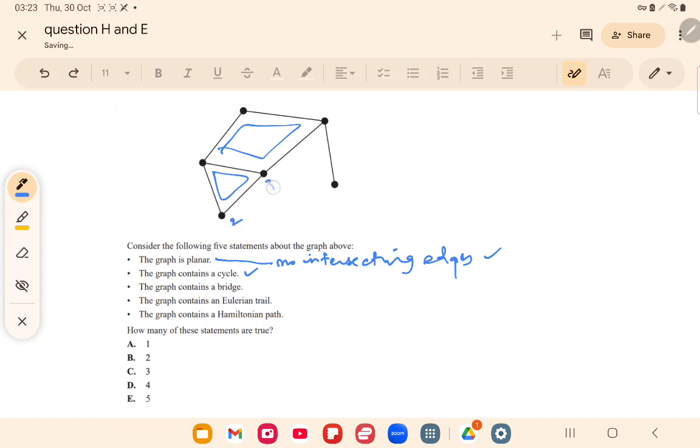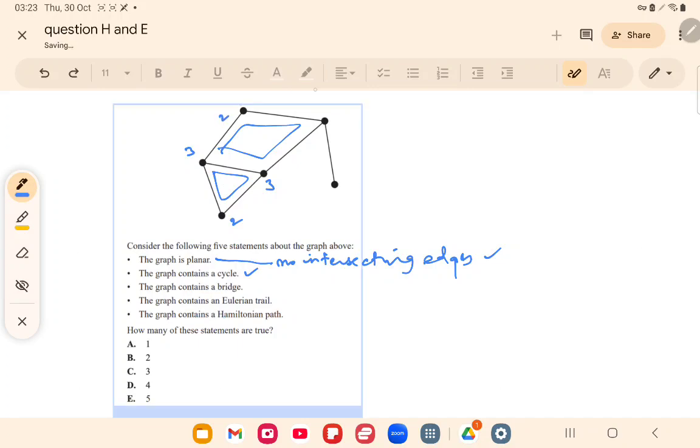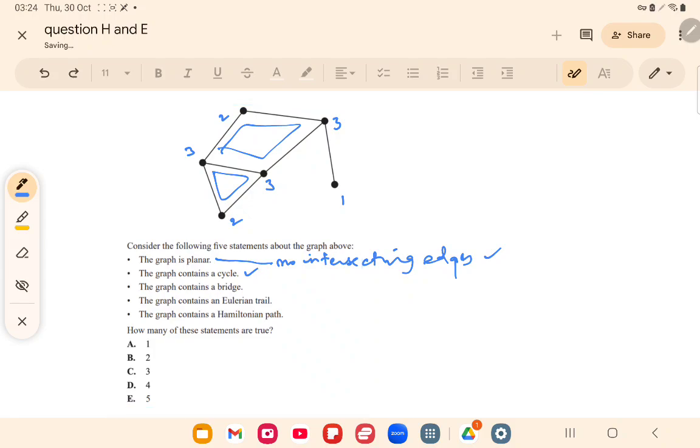This is 2, this is 3, this is 3, that is 2, that's 3, and that's 1. Now if you look at the degrees of these vertices, you can clearly see that there are more than 2 odd degree vertices. That's that one, that one, that one, and that one. So that is not true.